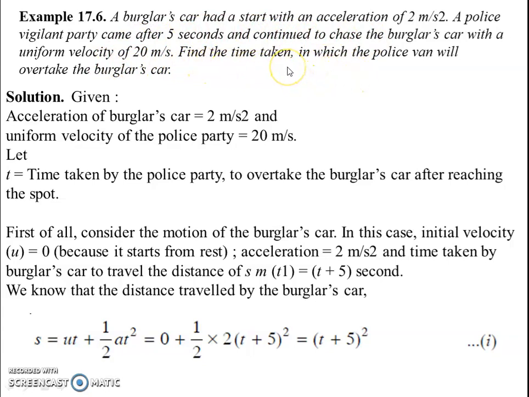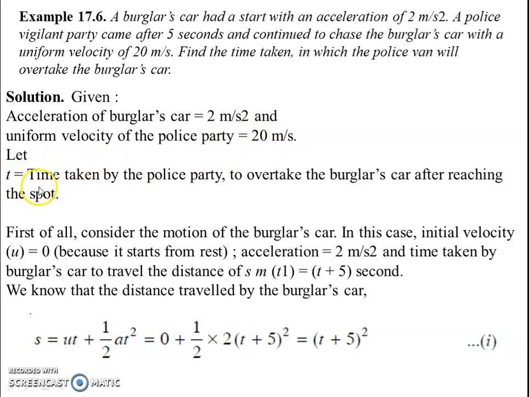So when will he overtake that burglar car, we will see. What is given first? Acceleration A of the burglar car is 2 meter per second square, and uniform velocity U of the police vehicle is 20 meter per second.